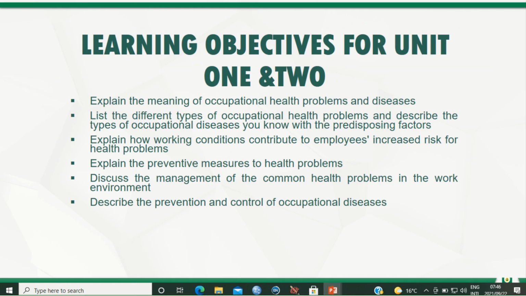As we do know, for every module and every unit, we have learning objectives, also known as learning goals. For unit 1 and 2 of module 2, learners are expected to learn the meaning of occupational health problems and diseases, to be able to list the different types of occupational health problems and describe the types of occupational disease with the predisposing factors.